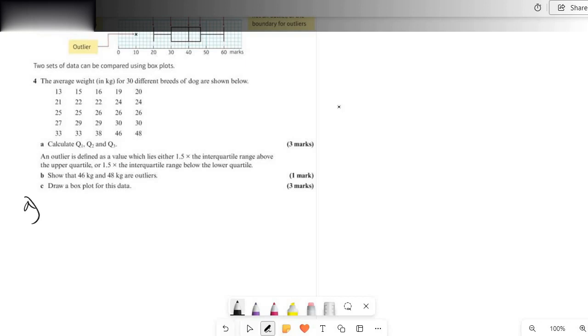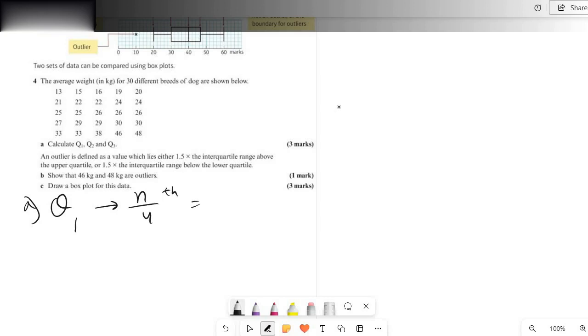For part A, we have to calculate Q1, Q2, and Q3, which are the lower quartile, median, and the upper quartile respectively. As you can see, the weights are already arranged in ascending order, so we do not have to arrange them again. From our previous videos, the lower quartile, Q1, is the n divided by 4th data value.